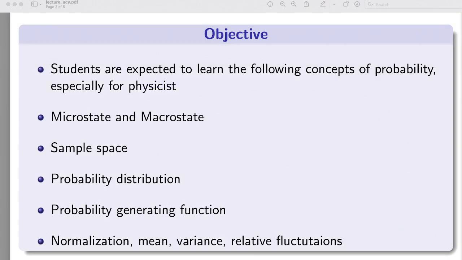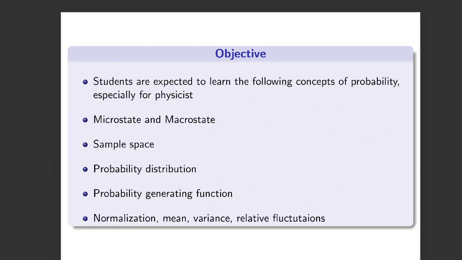Today I am going to talk about some elementary concepts from probability theory, especially useful for physicists. These will cover microstates, macrostates, sample space, probability distribution function, that is a mathematical object, and the physically important objects are mean, variance, relative fluctuations.